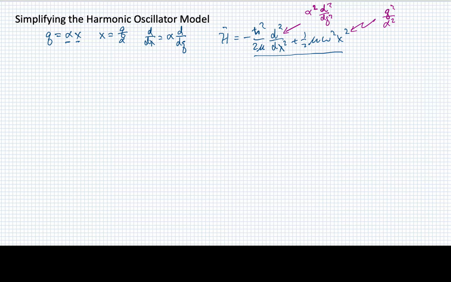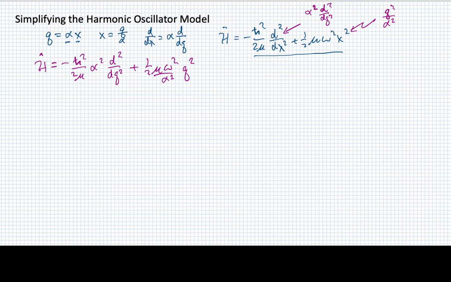So my new Hamiltonian, in terms of q, would look something like this. It'd be minus h bar squared over 2 mu times alpha squared, the second derivative with respect to q, plus 1/2 mu omega squared over alpha squared times q squared.